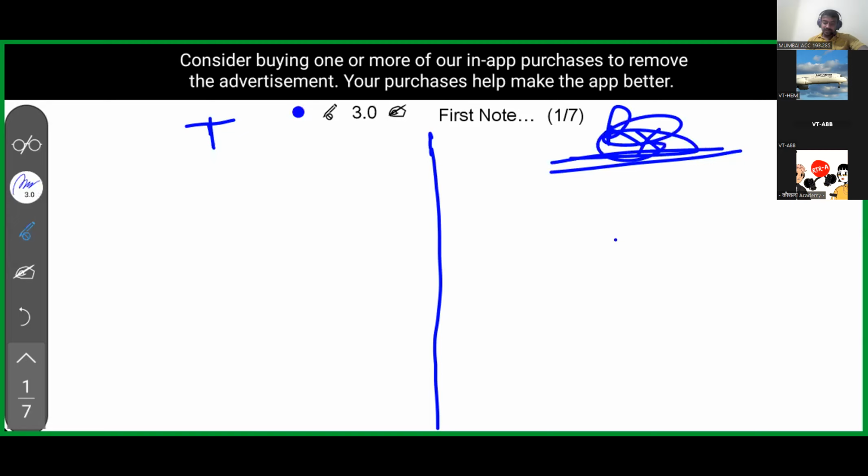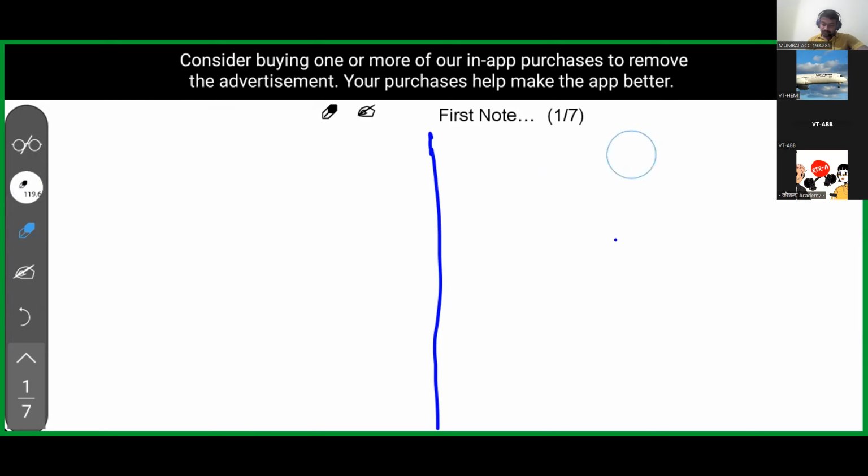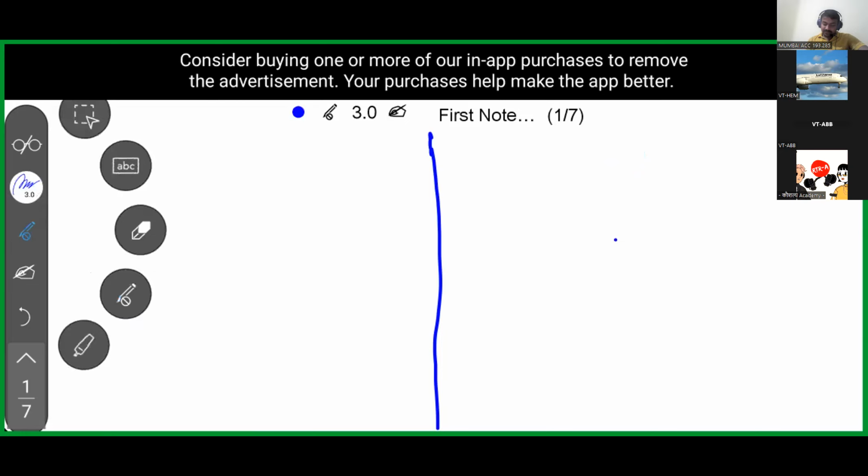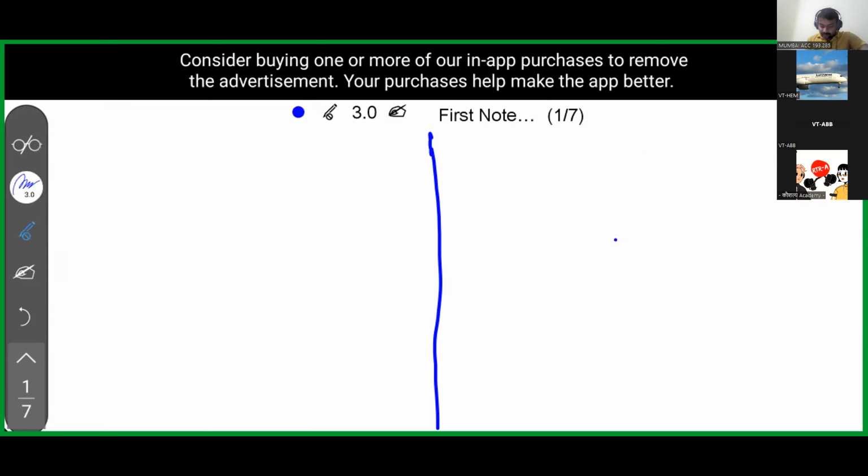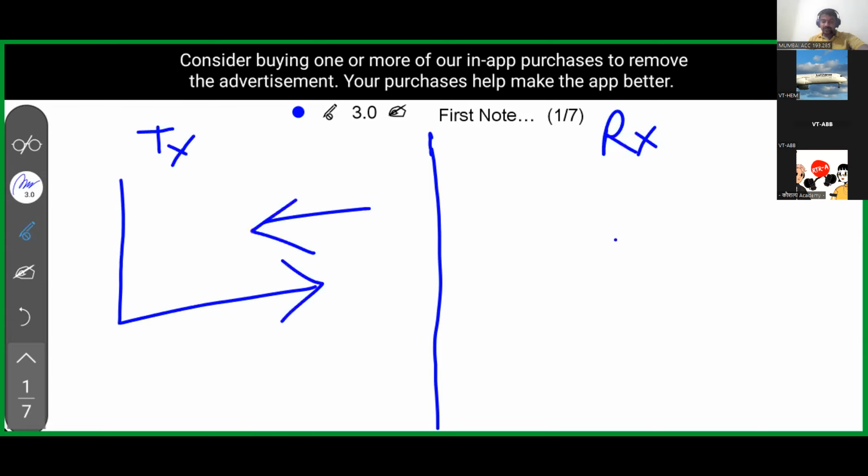What does it really mean, the transmitter end and receiver end? It means whatever the things that speaker is saying will write in this section here on the left side of the page.